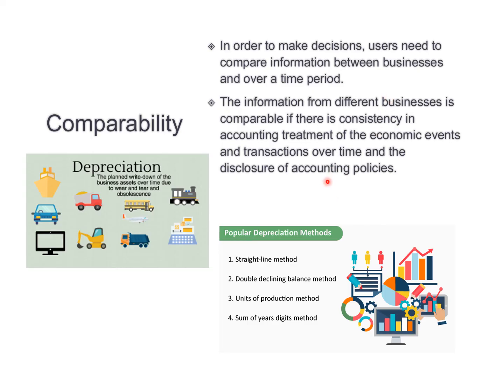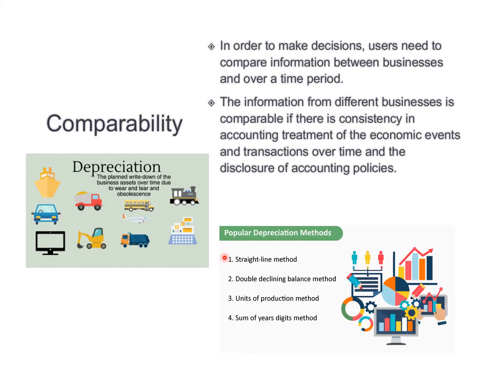Macam mana nak compare? So, okay, kalau kita nak compare dia, kita kenalah ada consistency because it comes together. Consistency dalam accounting treatment. Contoh yang commonly used adalah depreciation. So, depreciation ni adalah susut nilai aset yang ada dalam bisnes tu. Kaedah untuk kira depreciation ada 4. Okay.